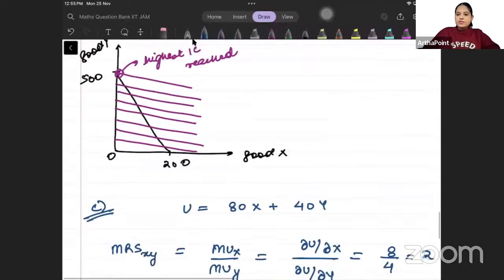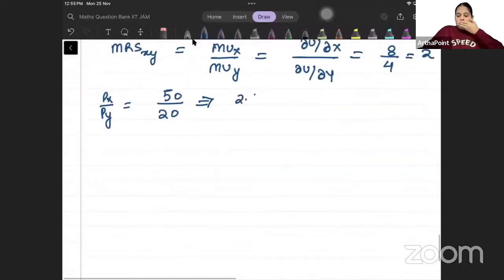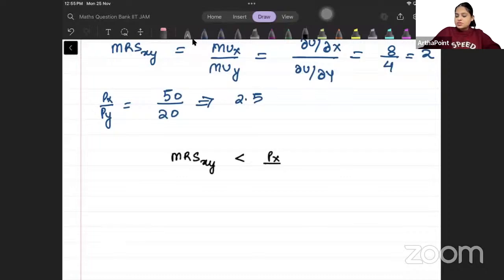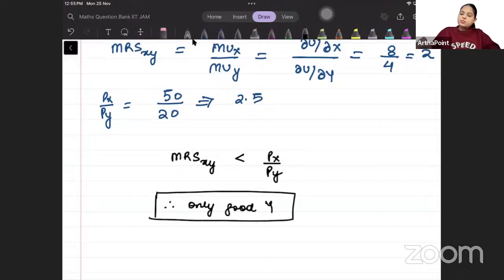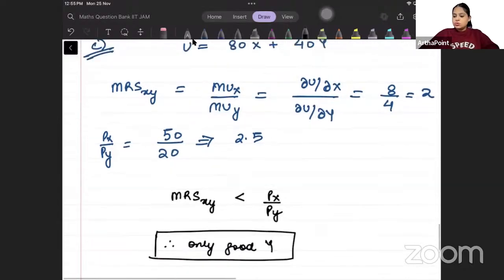PX by PY will be 50 by 20, which means 2.5. So MRS is still less than PX by PY. Only good Y. So the diagram remains the same. You can just jot it down.